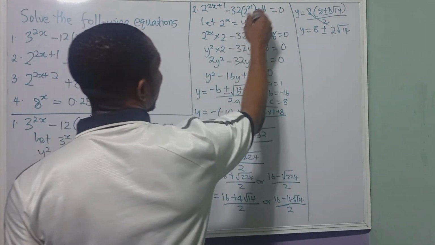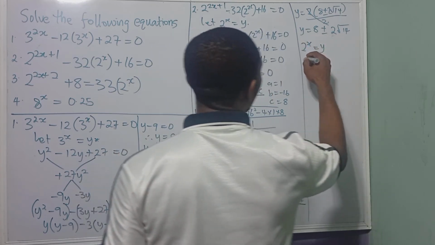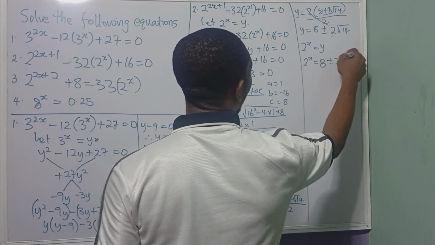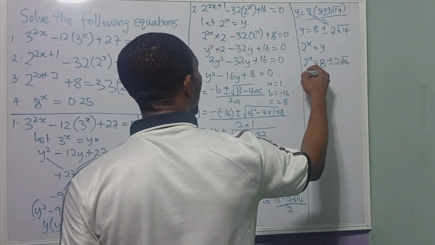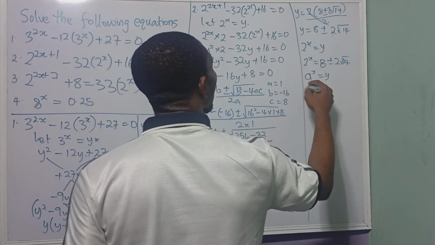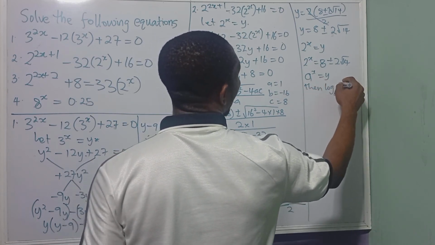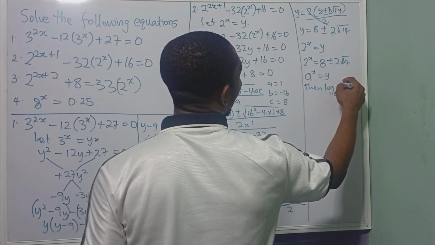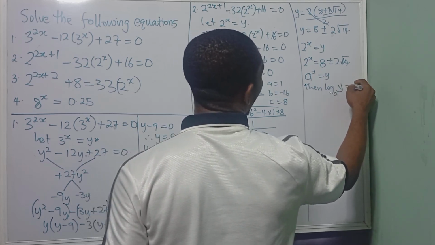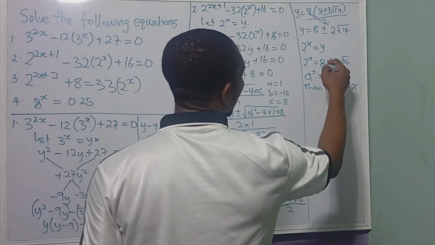Now back to where 2 raised to x equals y. So this becomes 2 raised to x equals 8 plus or minus 2 root 14. But remember that if we have a raised to power x equals y, then log a y equals x.